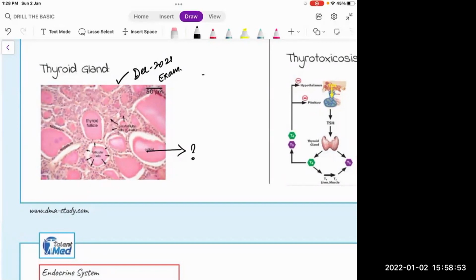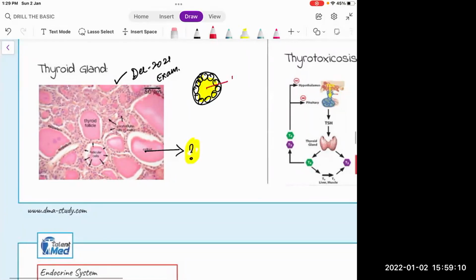So you should know the thyroid gland contains the follicular cells. Inside you have the colloid. So this colloid is the place, which was asked in the exam, where the production of T3, T4 is taking place. So this is one follicle, this is one follicle, this is one follicle.